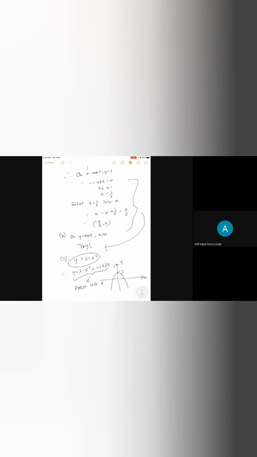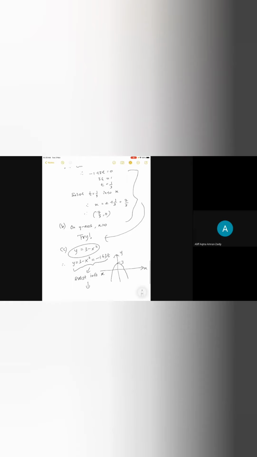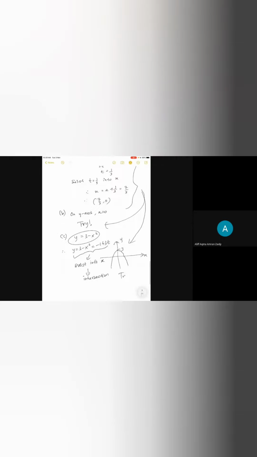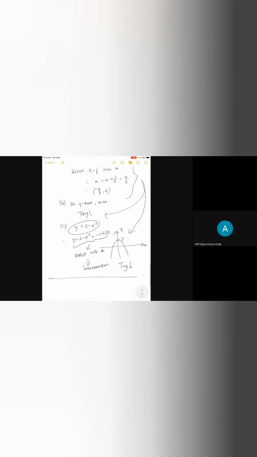Okay, and then carilah dia punya intersection. You buat benda sama juga kat sini. Okay, nombor 13.